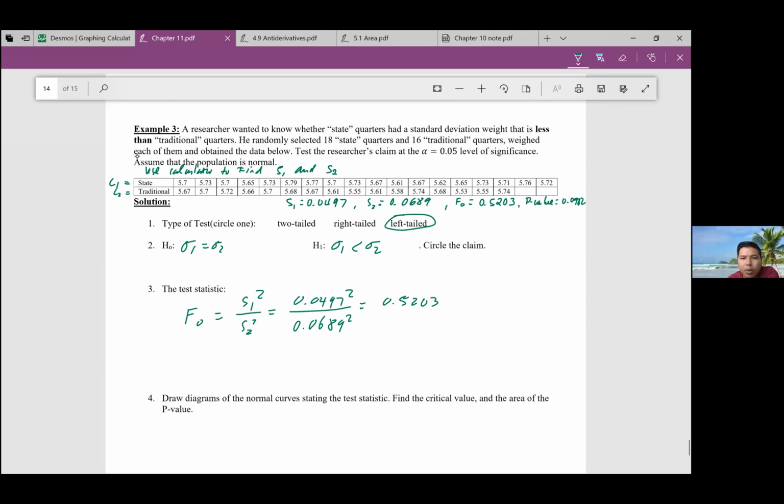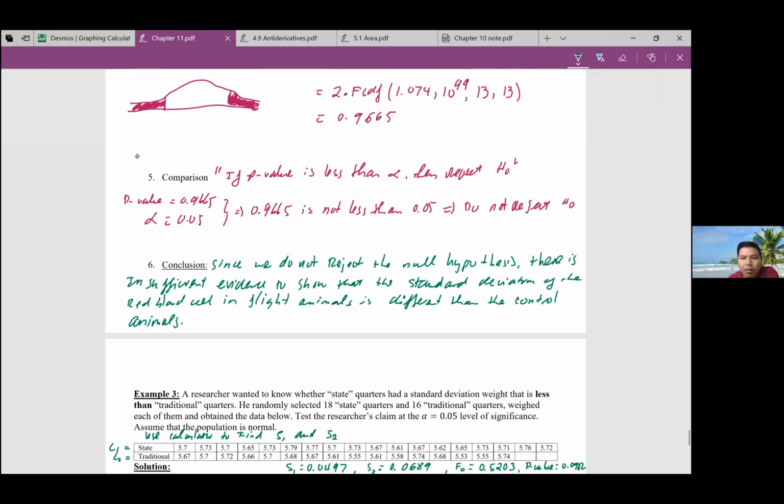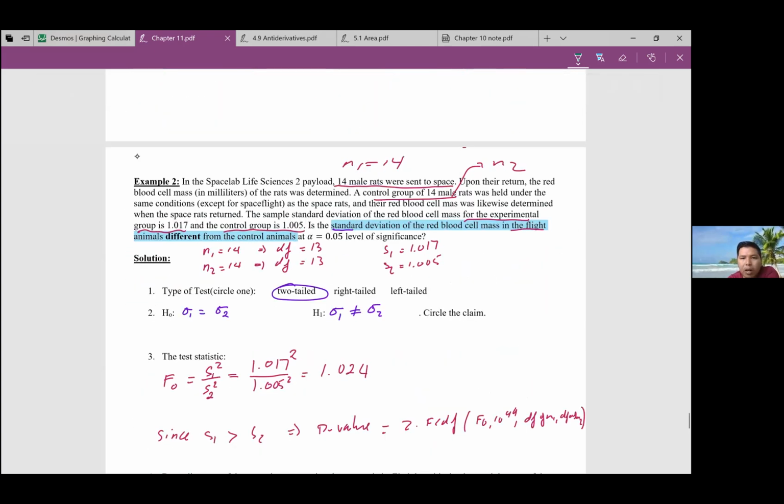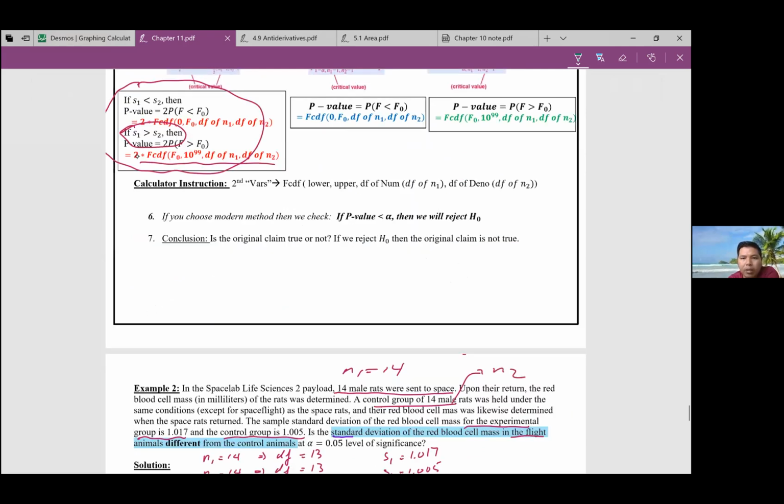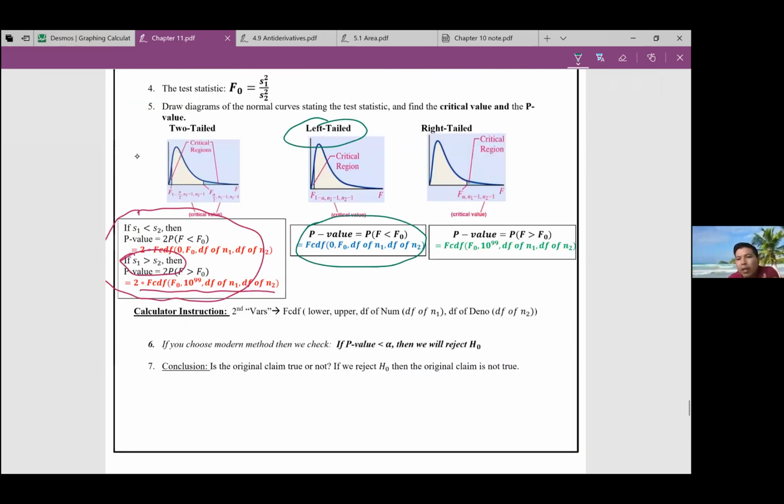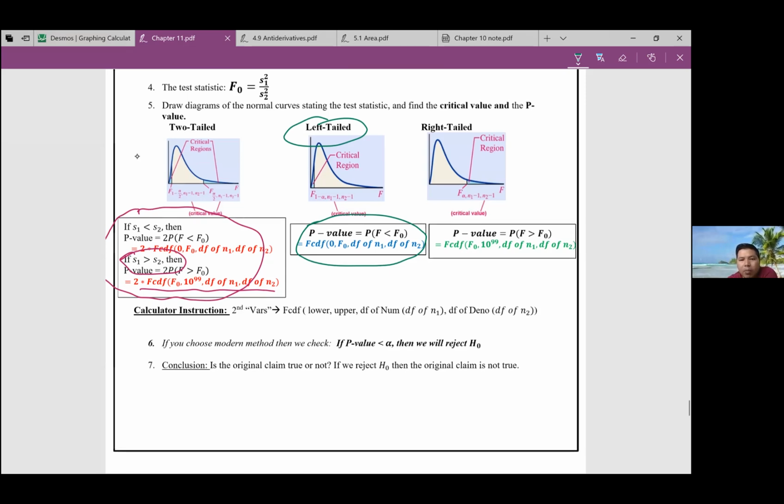And because we are using left tail, your p-value, you're gonna go with this one right here. Okay, Lisa, you're gonna go with this command for your left tail. You see that? Yes, I see that. So you're gonna go 0, F naught, and then degree freedom of N1, and then degree freedom of N2, and that's how you get your p-values.